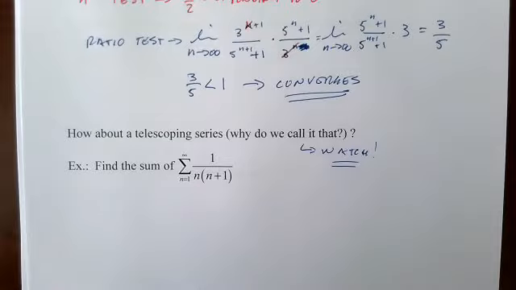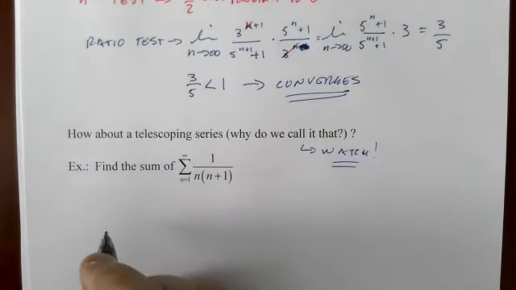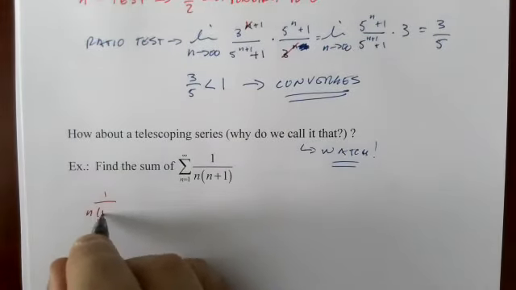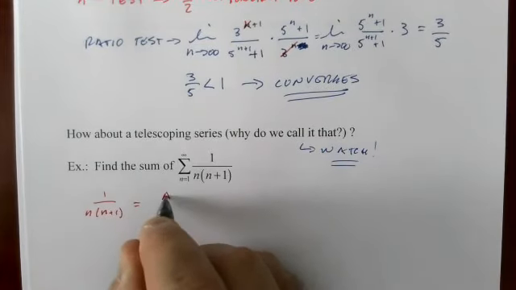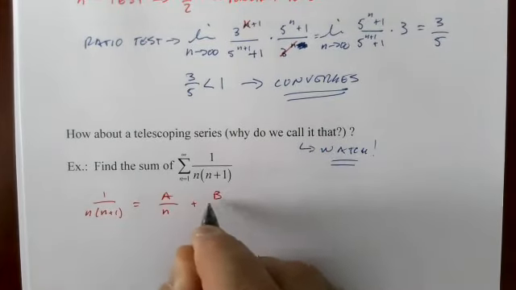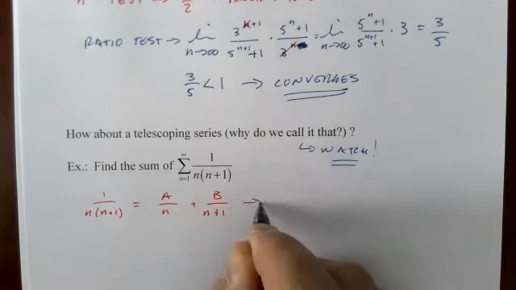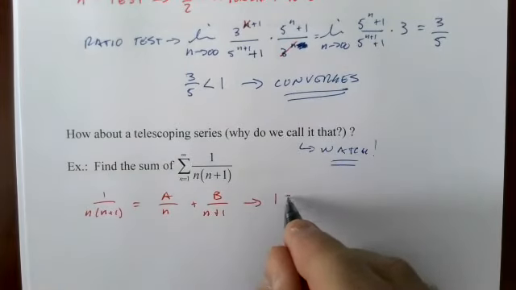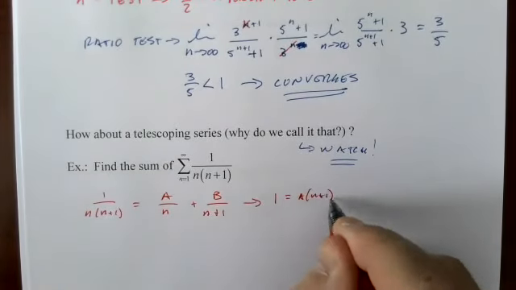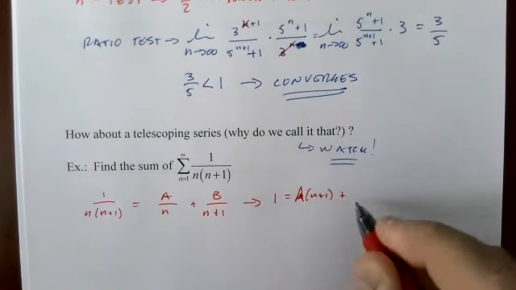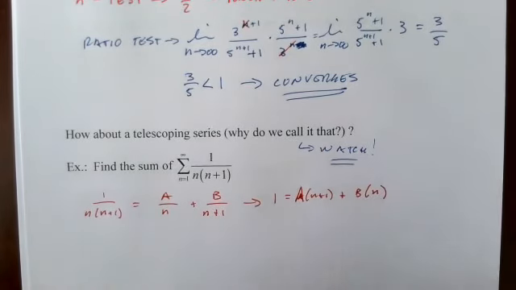So let's do our little fun here. 1 over n times n plus 1 equals a over n plus b over n plus 1, multiplied by everything. 1 equals a times n plus 1 plus b times n.